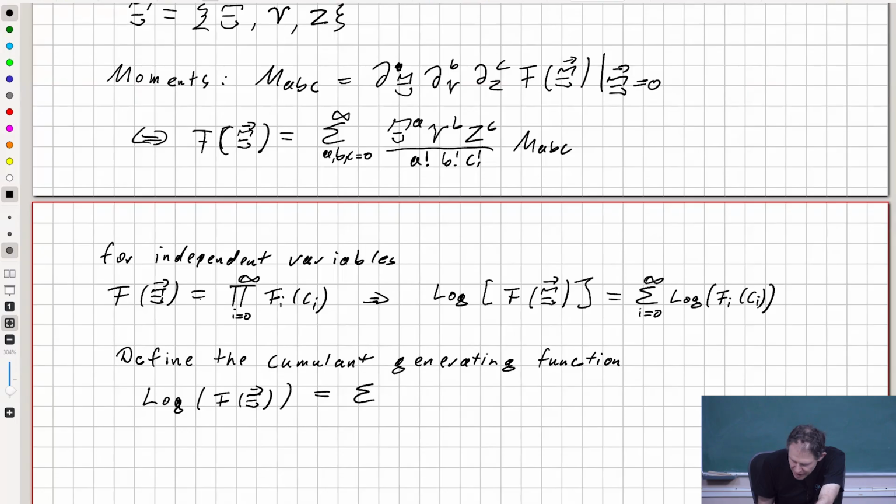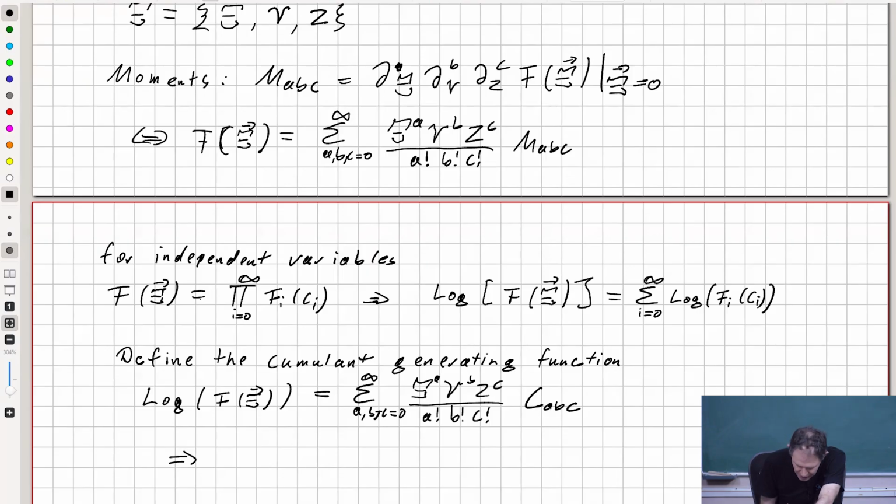And we simply say that they behave the same way. So we have a sum over a, b, c from 0 to infinity, and we sum this over xi to the a, epsilon to the b, and zeta to the c, divided by a factorial, b factorial, c factorial, times c_abc.